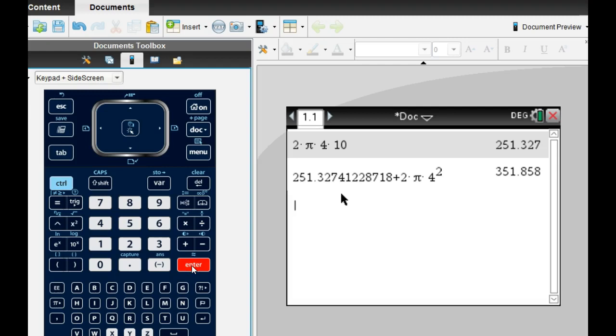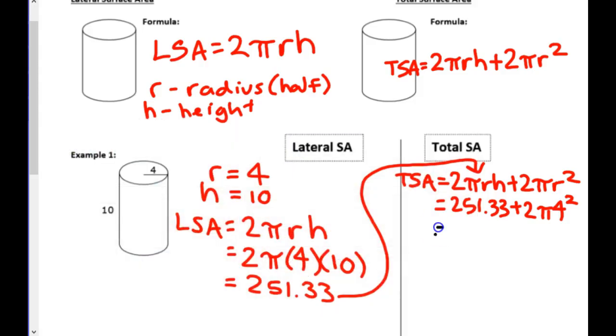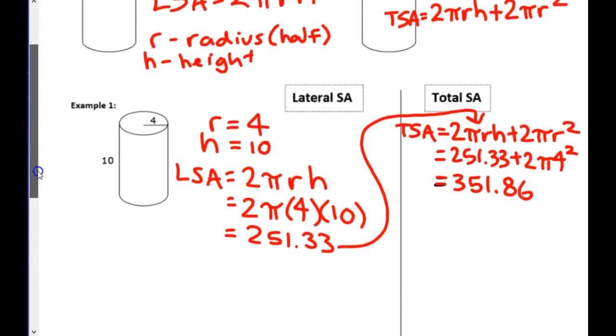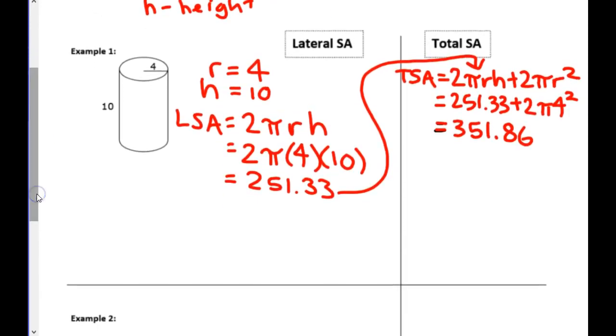That gave me 351.86, right? We round. 351.86 units squared. Okay. So, again, if you know r and h, life's easy. Type it in. Boom.